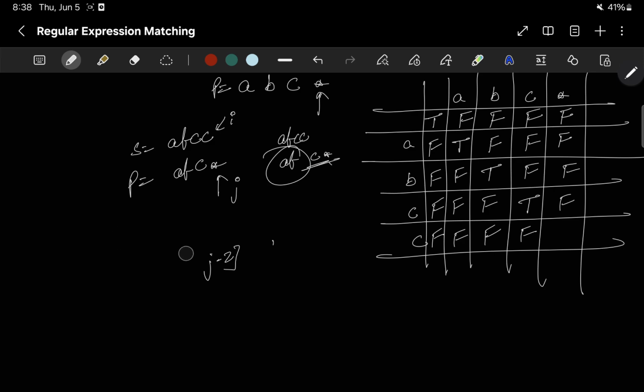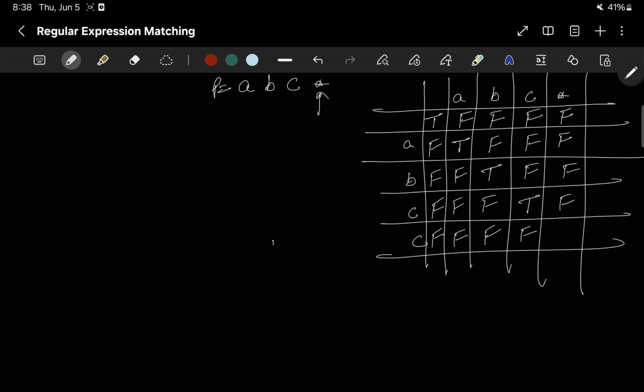Okay. So if you see again, it will be like this. A, B, C star matches with A, B as well. It matches with A, B, C as well. It matches with A, B, C, C as well.